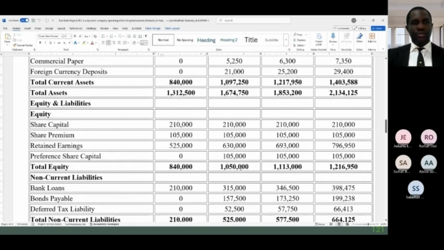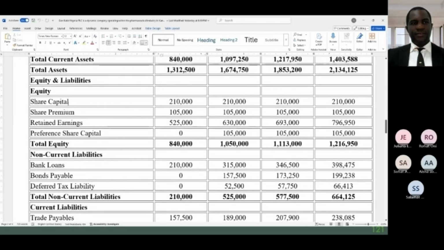So we go to our equity position where we have the share capital at the beginning and at the ending. We have share capital 210, share premium 105, and retained earnings, which is also reserves, 630. Take note that we are not going to add preference share capital because that is a special debt.